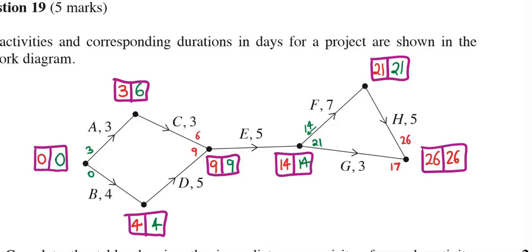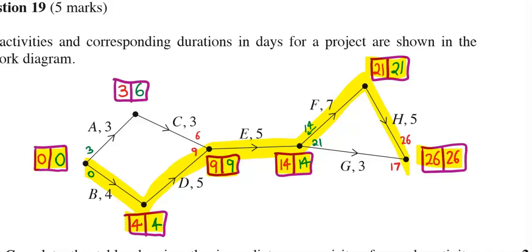Now I can notice the critical path, and the critical path is revealed to me because their earliest start time and latest start time are the same, which is like here and here and here and here and here and here, so I can interpret my critical path must have been this path.